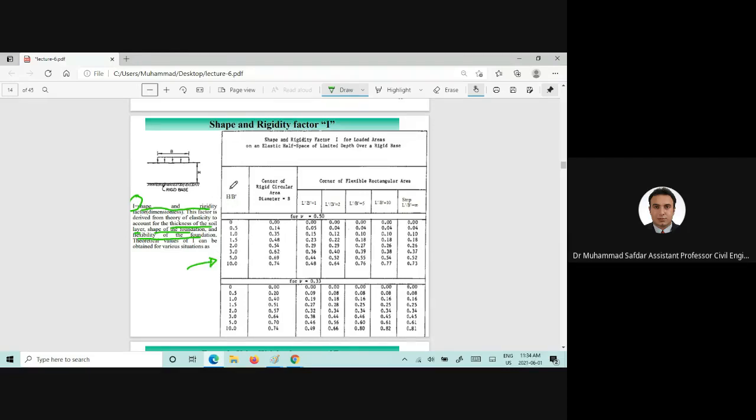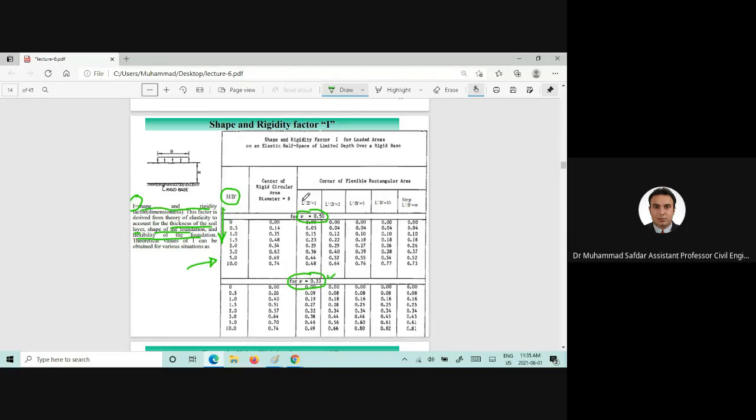First we need to find out the h by b prime, and once we get the h by b prime, you can use this column, based upon the Poisson ratio which is given, 0.5 or 0.33. 0.50 is used for saturated clays in undrained conditions. In most cases, for sands and clays, 0.33 is used.